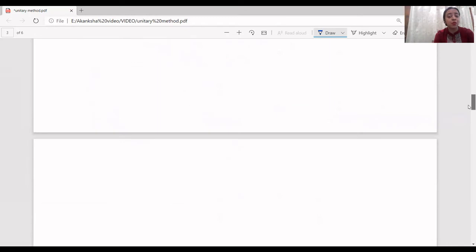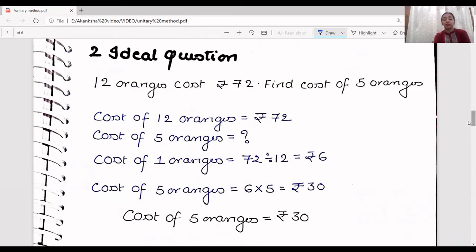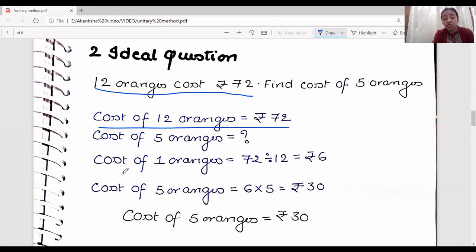Let's understand more questions so that you can be very sure of calculating questions using the unitary method. So 12 oranges are costing rupees 72. If 12 oranges are costing rupees 72, what would be the cost of one orange? You would immediately take the 72 and divide it by 12, because 12 oranges are costing 72. So 72 divided by 12 will give you 6.